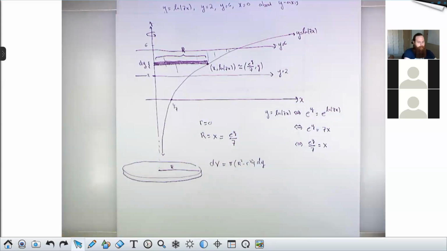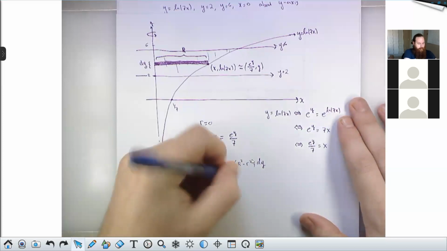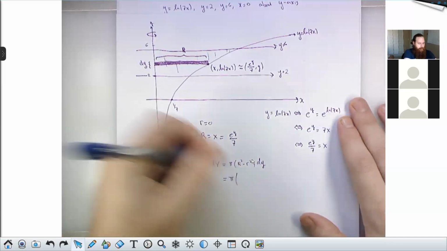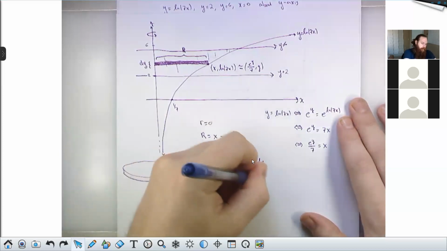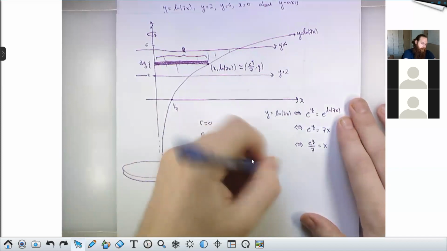Big R is e to the y over 7. So this is e to the y over 7 squared. Little r is 0.